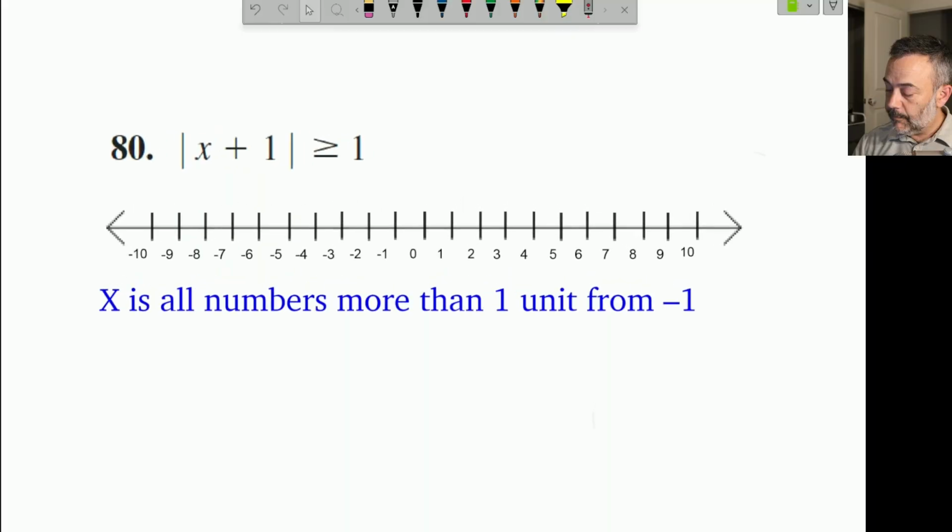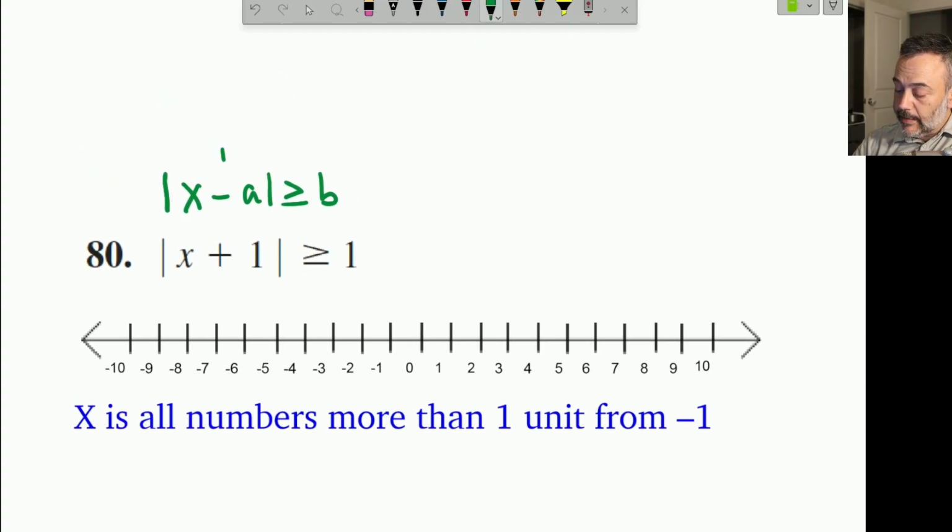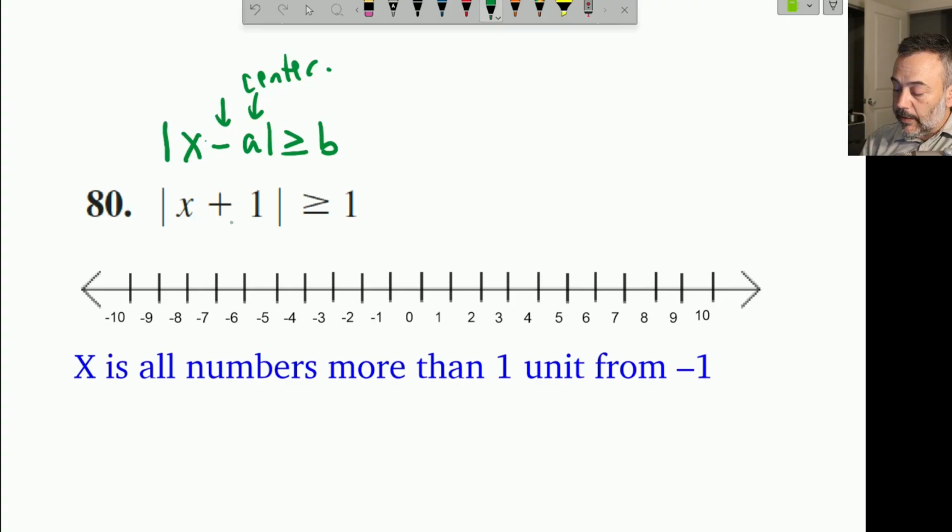Last one. This is the general form, just to recap from above. It's always the absolute value of x minus a is greater than or equal to b, or less than b, or less than or equal to. You can flip the inequality sign around depending on what you want. Remember, when you have the minus, x minus something, then a is the center. Well, what's the center in this one? Well, we have to rewrite it with a minus.